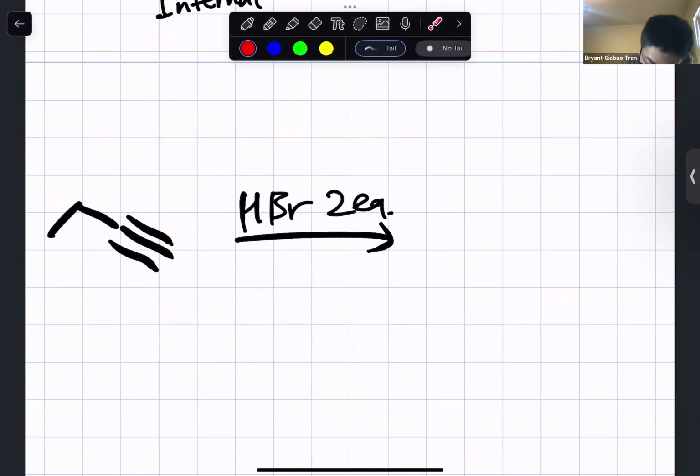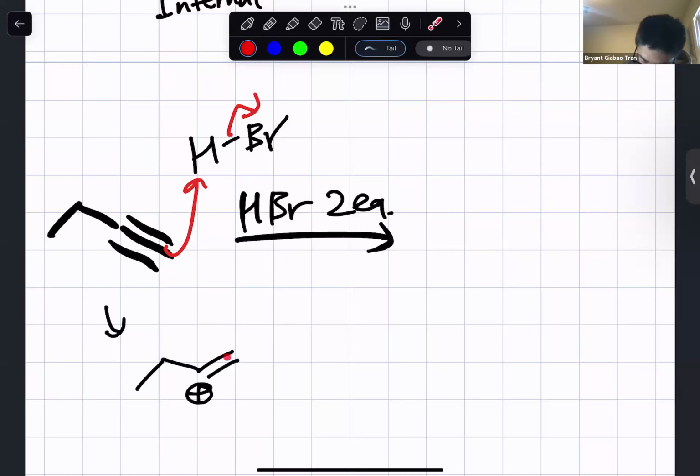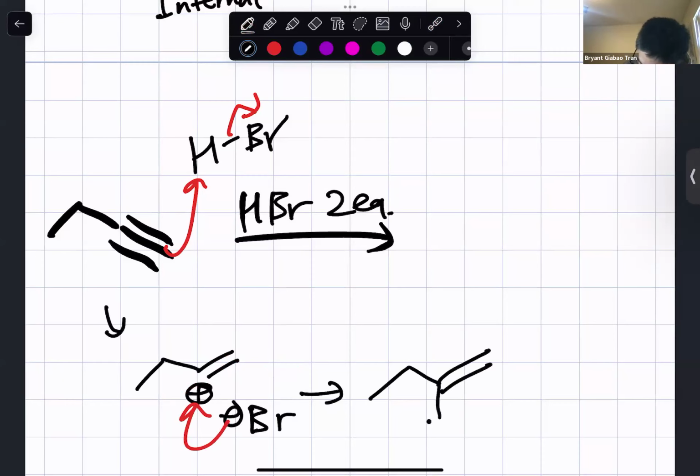We know that the more substituted carbon is this one, which is why we are going to protonate the less substituted one and kick out the Br. That gives this right here, where this gains a hydrogen. This carbon here lost the bond, which is why it has a positive charge. The Br minus comes in, attacks that positive charge, and becomes this product here.